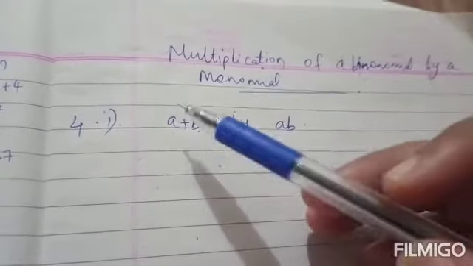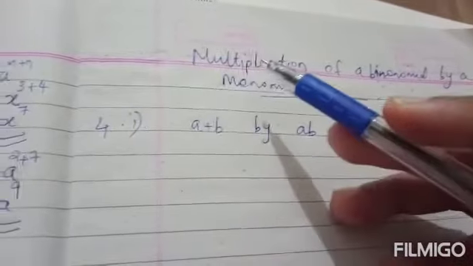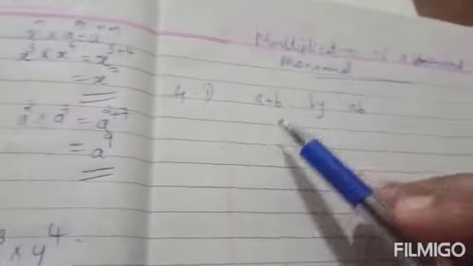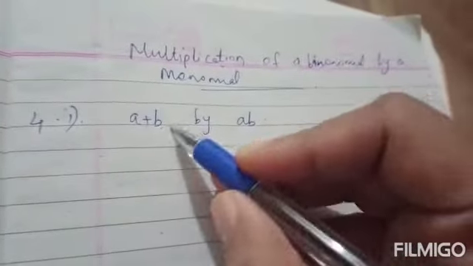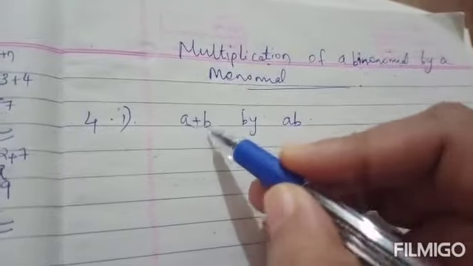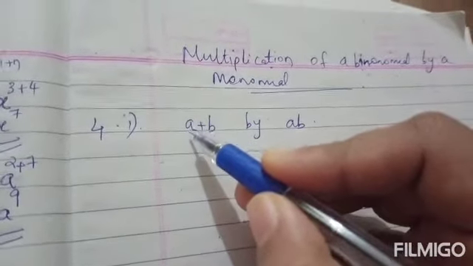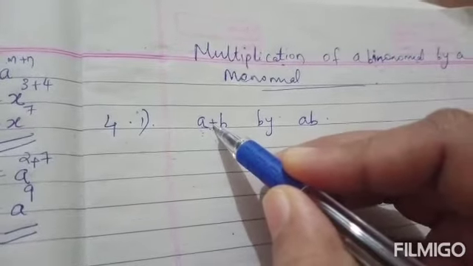So first question, multiply A plus B by AB. You need to multiply this. So here A plus B, this is a binomial. Here two terms are there and they are separated by plus sign.